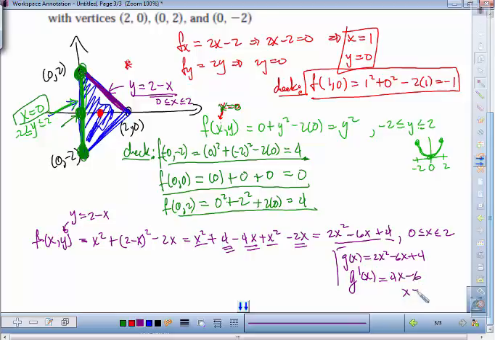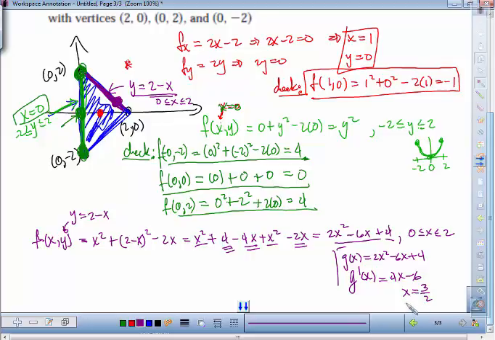So x is equal to 3/2 is our critical value. 3/2, oh, that's 1.5, right? So when x is equal to 1.5, you can figure out what your y value is.